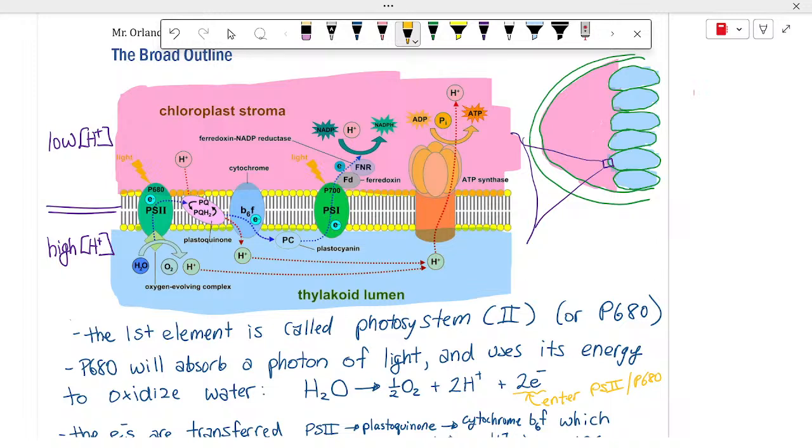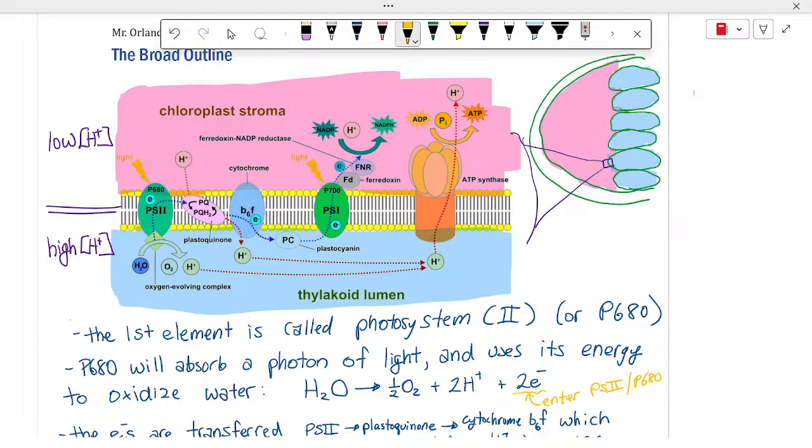We're not burning a sugar here. We're not breaking down a chemical. Photons of light are providing the energy in this place. And how many times in this process do we absorb light and get energy put back into the system? Twice. Once at photosystem 2, interestingly the first time, and then later on in the system at photosystem 1. Does that make sense? Yes.